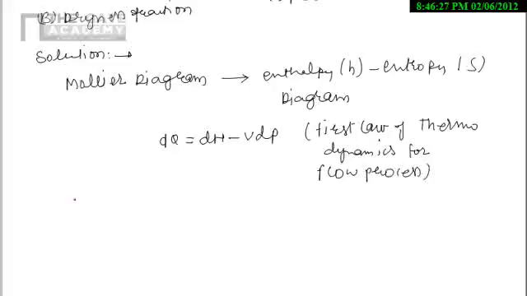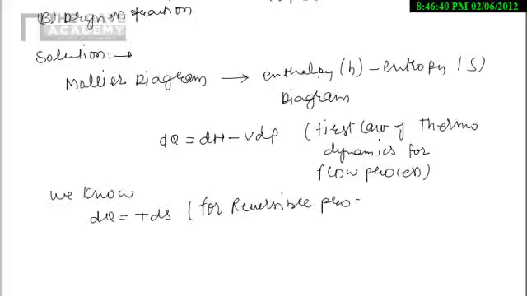And now we know del Q equals to T dS for reversible process. So if I put del Q equal to T dS in this equation, I will get T dS equals to dH minus V dP.